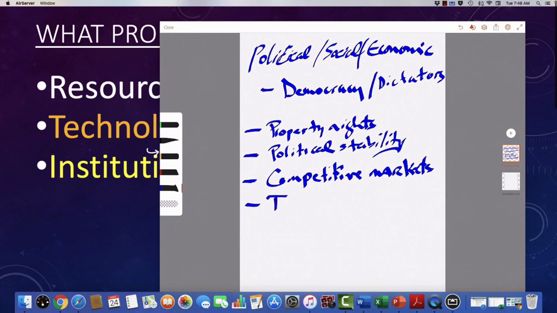Trade, specifically trade with other countries, is another institution, another thing that people agree that they want to have, that leads to a lot of economic growth. And we can look very specifically at countries like South Korea, Singapore, Taiwan, and Hong Kong. These countries were known in the 80s as the Asian Tigers.